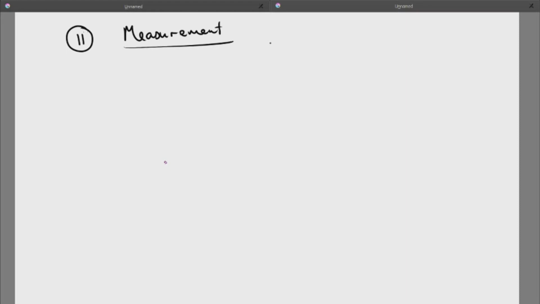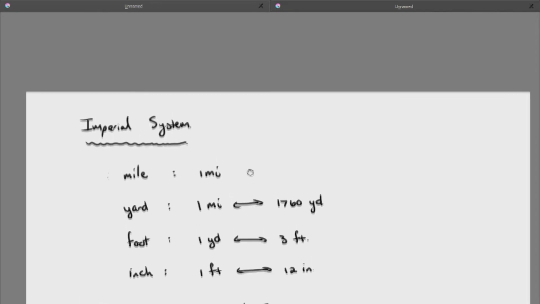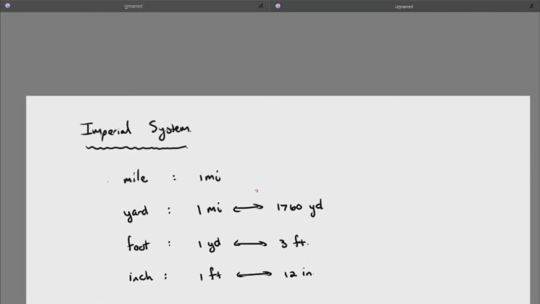So how these things developed over time is unfortunately not the most efficient way possible. And we still have today the English or imperial system that developed over time based on the needs at that time. You have the concept of a mile to measure longer distances.